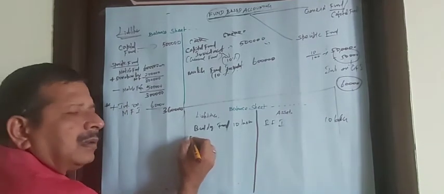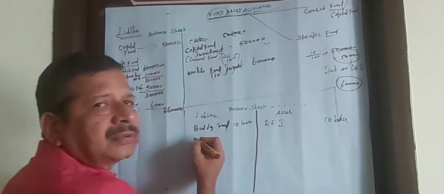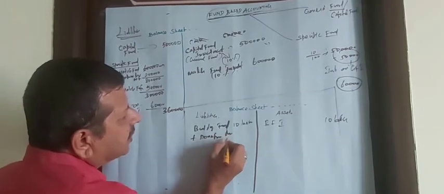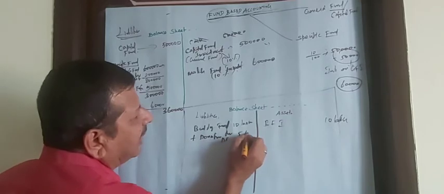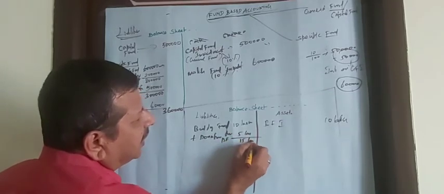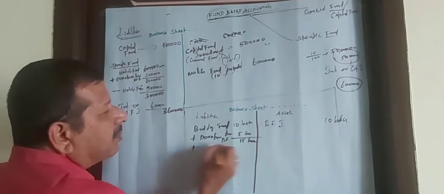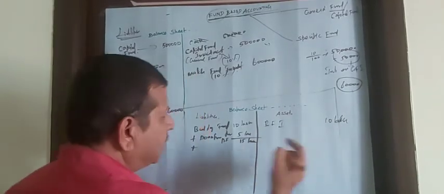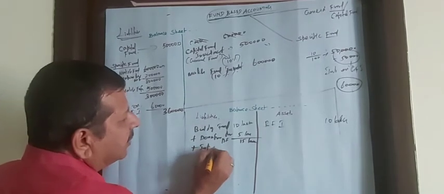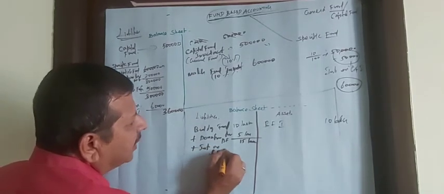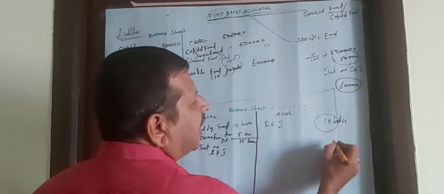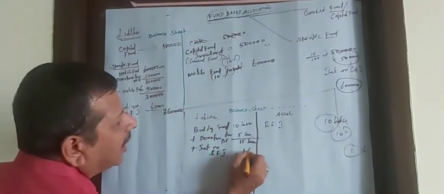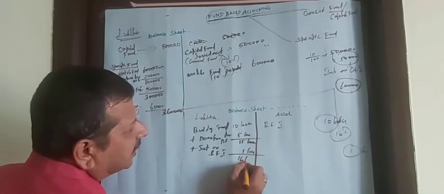If any income comes, like donation for building fund 5 lakhs, total 15 lakhs. Then plus income from the building fund investment has to be added. Interest on building fund investment, on this 10 lakhs at 10%, let us keep 1 lakh rupees. So 1 lakh will be added, 16 lakh.